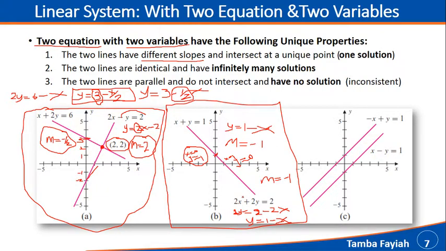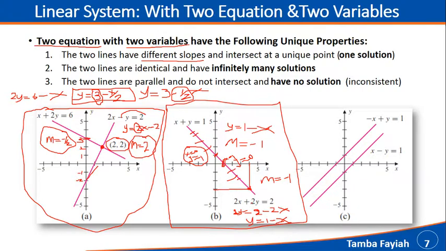We get 2 plus 0, which is 2, equal to 2. So that is another solution. We could take another point like here and substitute. That could be another solution. So any point on these two lines will be a solution to the system, so they have infinitely many solutions.